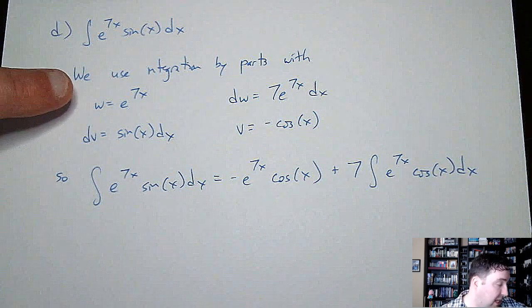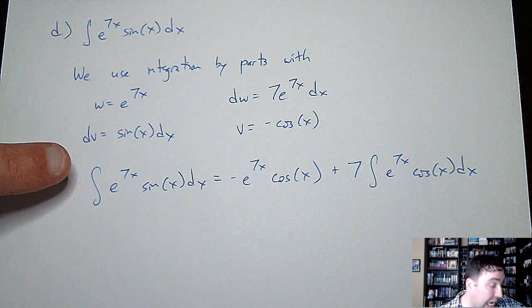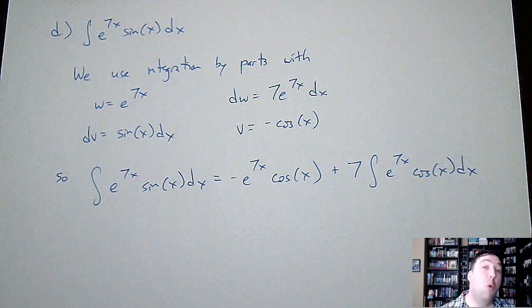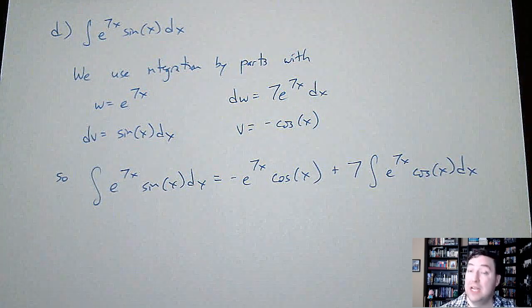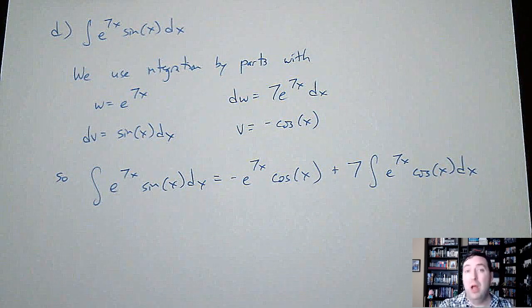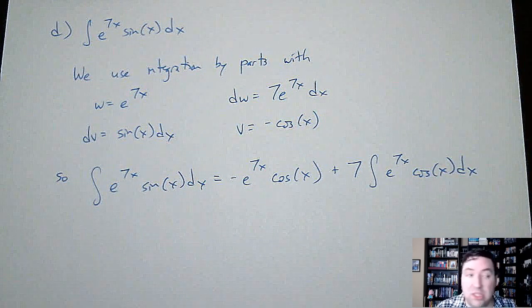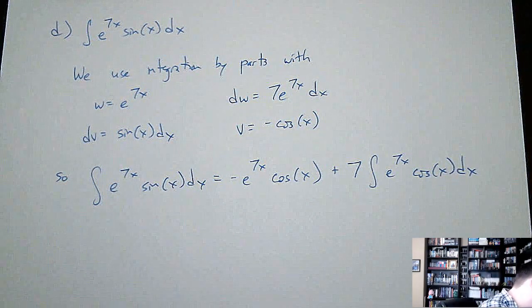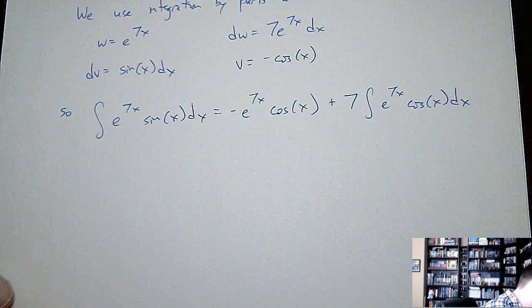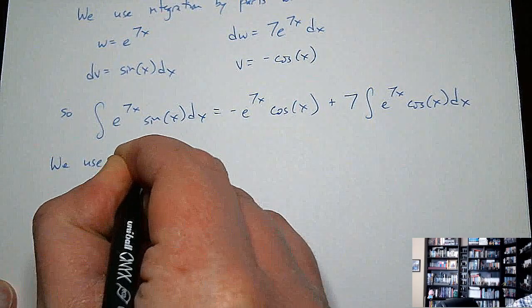So in this case then, because we originally differentiated the exponential function and integrated the trigonometric function, we need to do that again the second time around. If we switch the roles, all we're going to do is undo our original use of parts and basically wind up right back where we started. So we'll use integration by parts again.